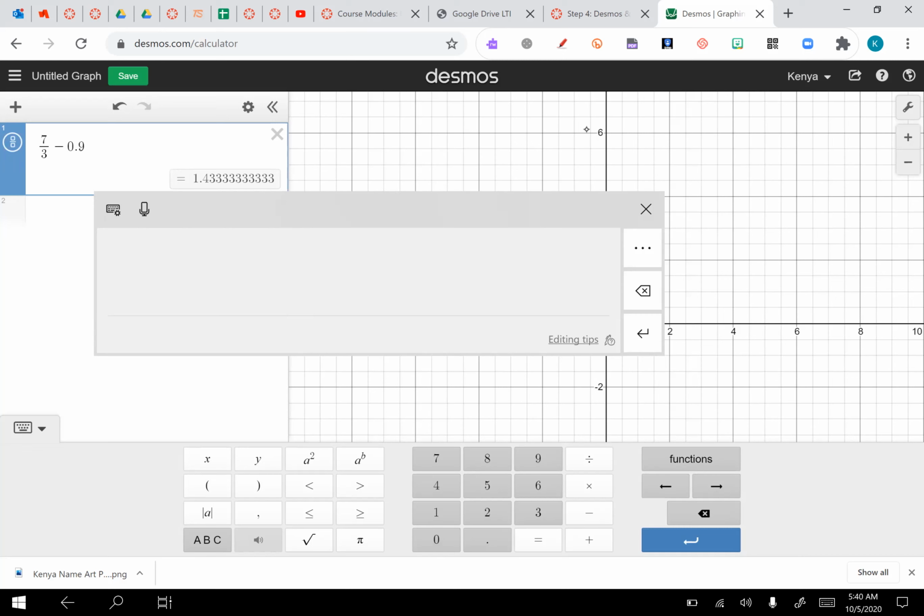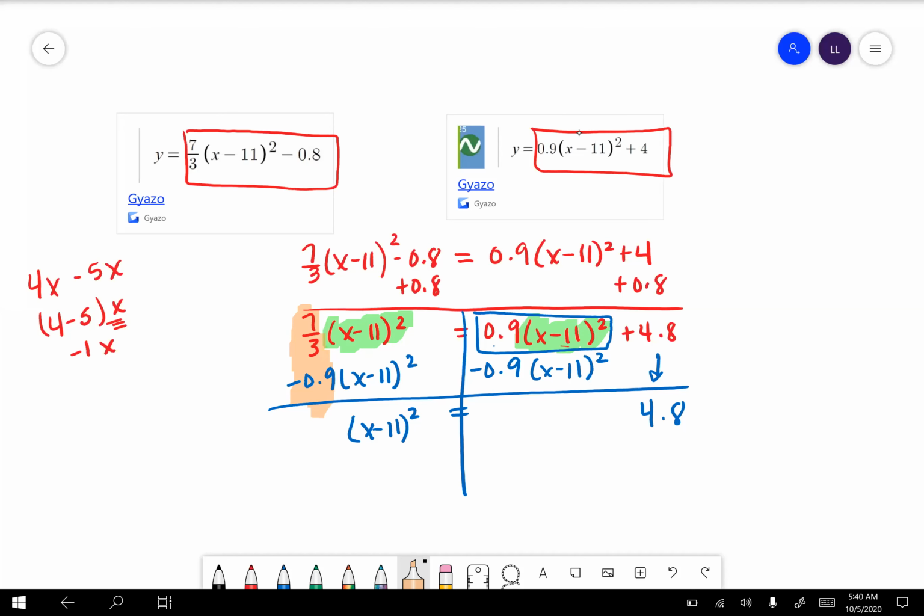And that gives me 1.43333 repeating. So 1.43 repeating is what I have here, and I'm just going to put a repeating symbol over it right there.